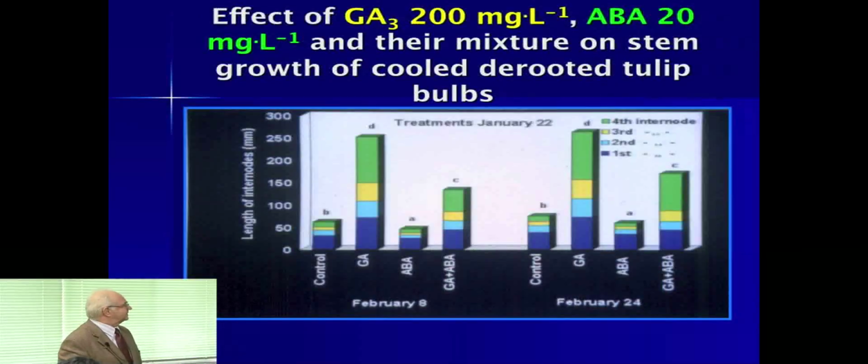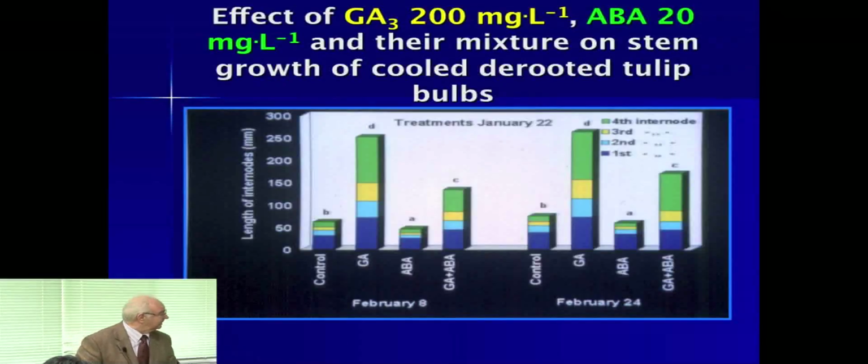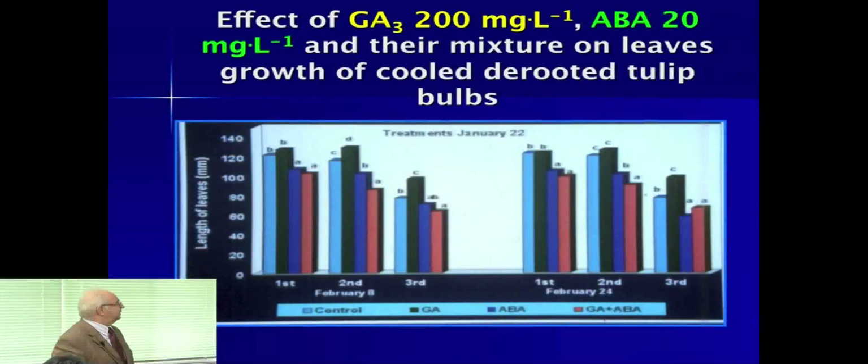Again, the growth differs after this treatment; GA highly stimulated the stem growth. After cooling, the growth is not stimulated in different leaves, you can see, but ABA inhibited.